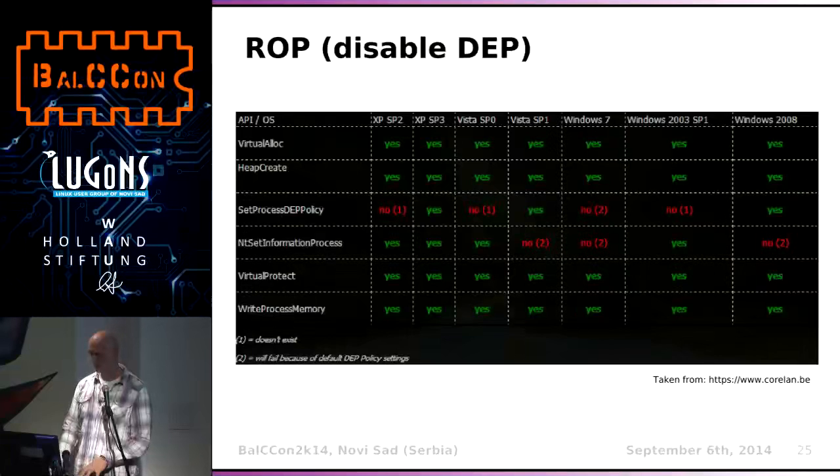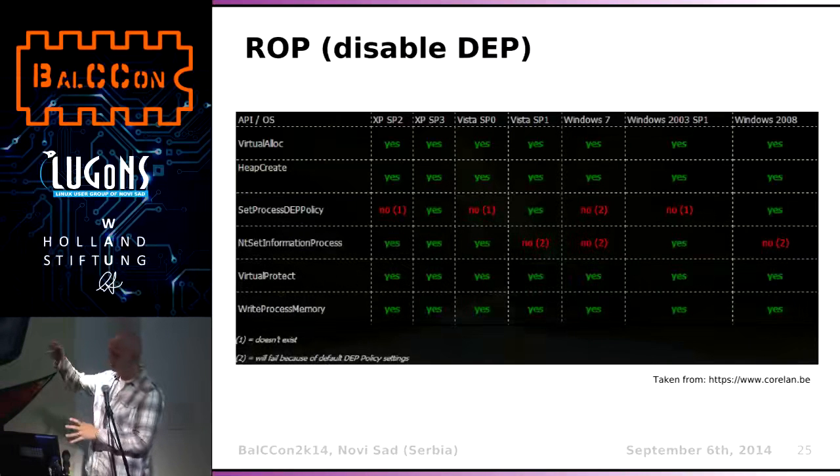What's the purpose of return-oriented programming? It's kind of complicated, but there are ways to call the system functions which can disable the data execution protection. If you are able to do that with the ROP chain, or you are able to call one of those functions, you will be able to mark this part of the same buffer from non-executable to executable.